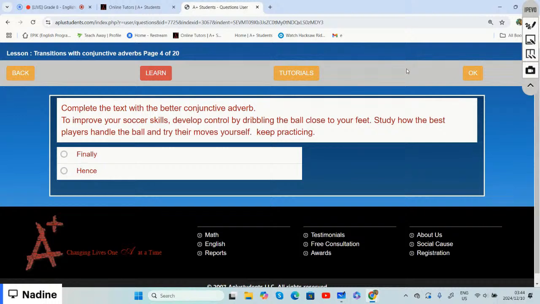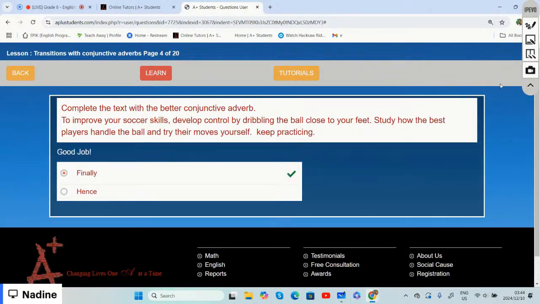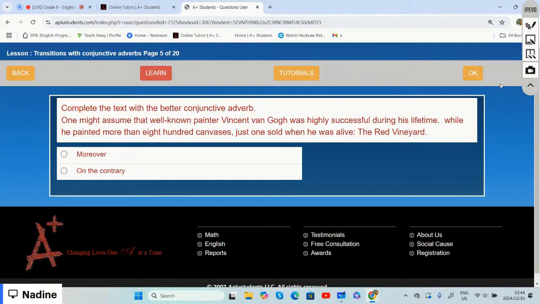All right. And if we were to choose the correct option, they're giving us tips on how to improve your soccer skills. So now they're ending off by saying, finally, you need to keep practicing. So finally, lastly, you need to keep practicing.